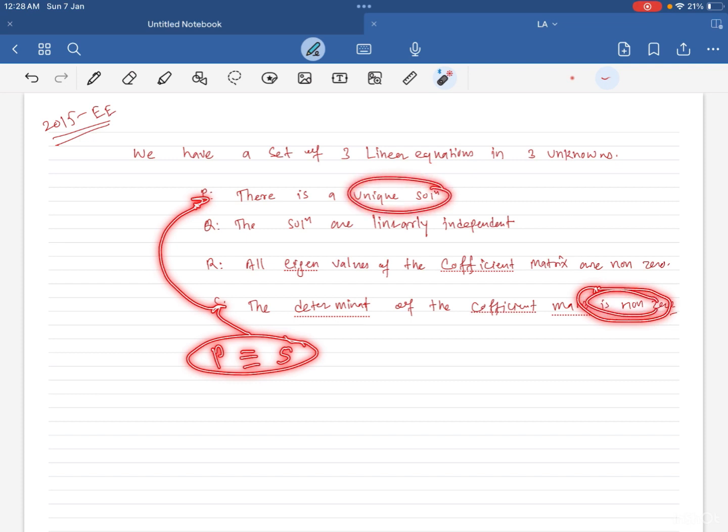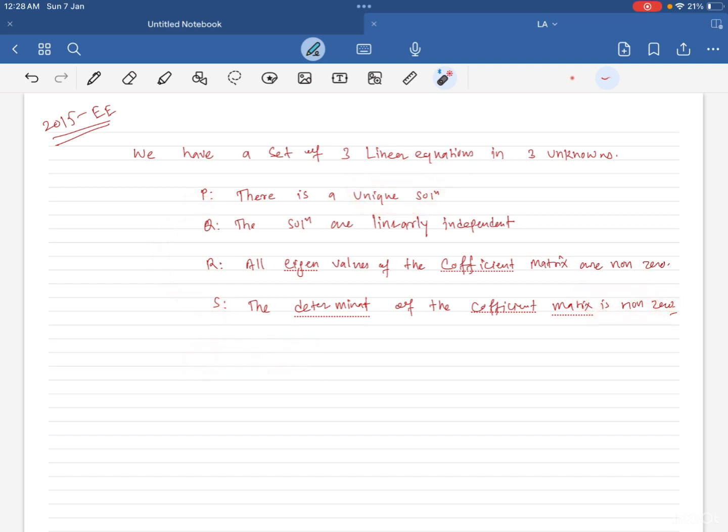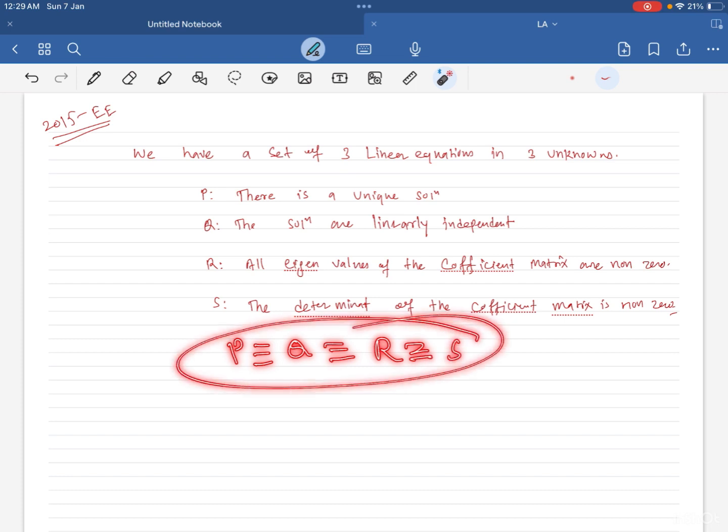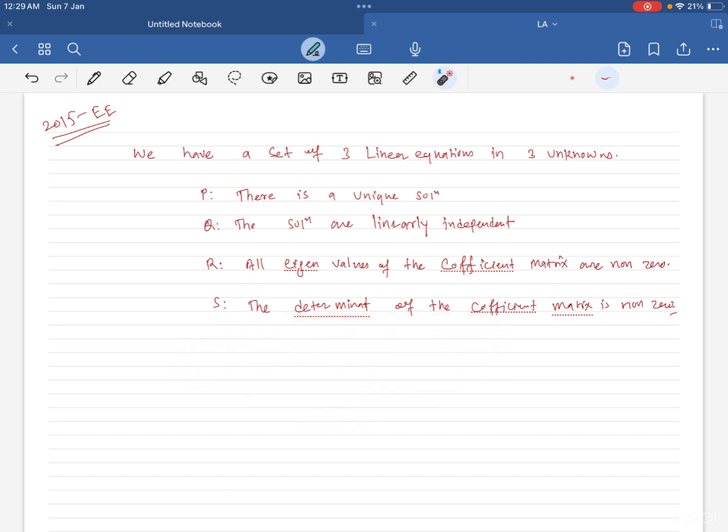The solutions are linearly independent, that is also correct, and all eigenvalues of the coefficient matrix are non-zero, that is also correct. So you can say that P is equal to Q. All these are equivalent statements.